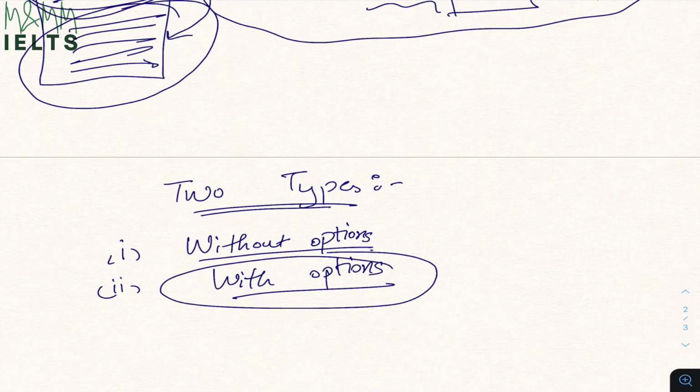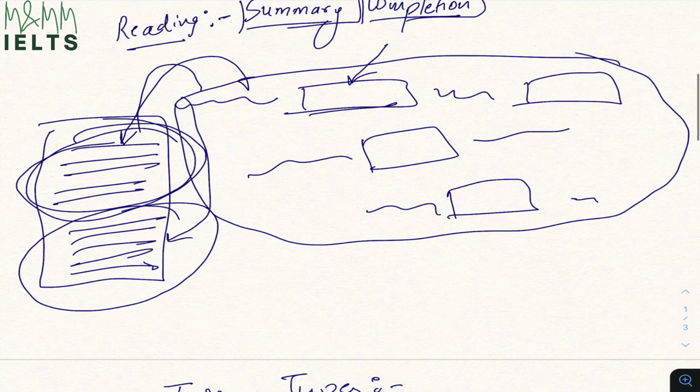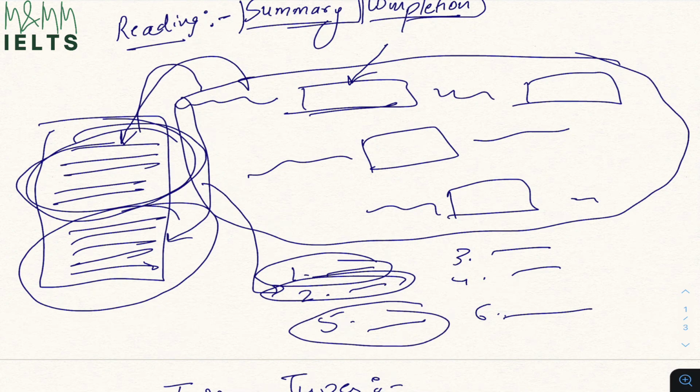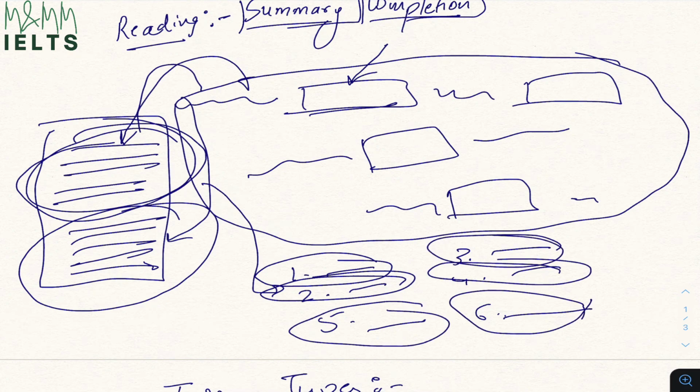In the second one, where it says with options, same concept, but below that you would be given the options already. So still you would be reading out the paragraph to identify what's the correct answer, but then you would not be putting any words from the paragraph. You have to find, as in the second step, which is the closest word, or which is that exact word that is given in those options.